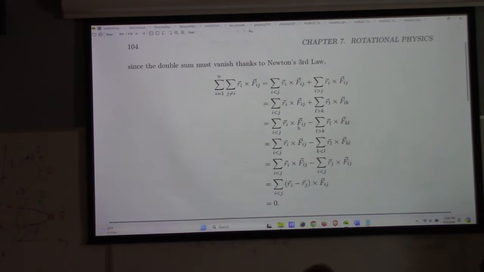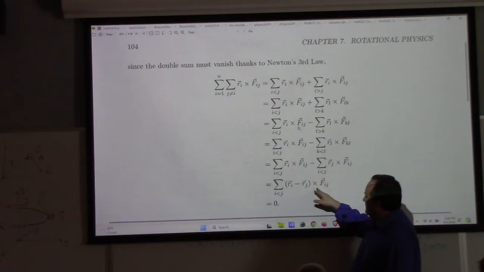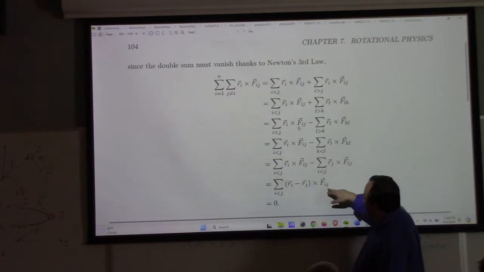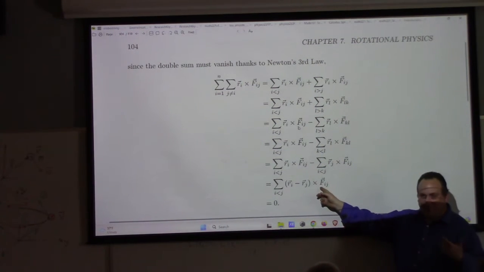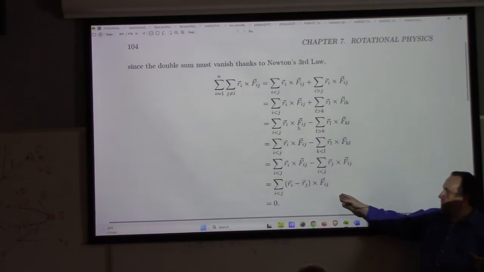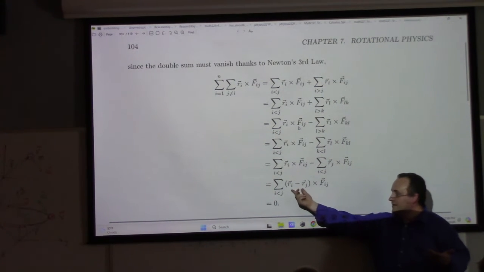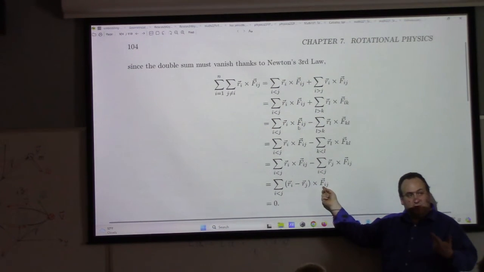When I do the same steps, basically, I find my way to this. So I have r_i minus r_j crossed with the internal force, I think the force of the ith mass acting on the jth. I can't remember which one it is, honestly. It doesn't really matter for our current purposes. The point is, that's the third law pair force, right? What's its direction?